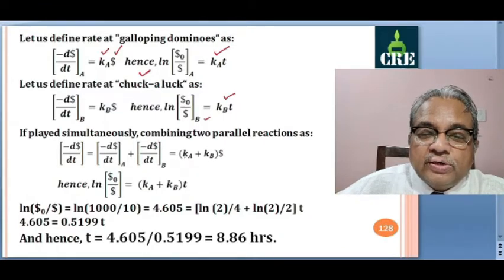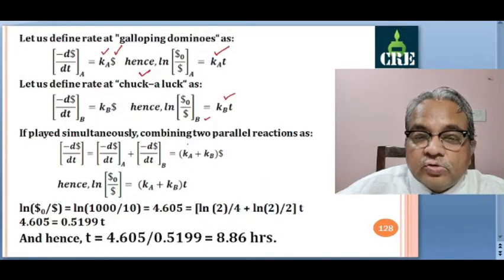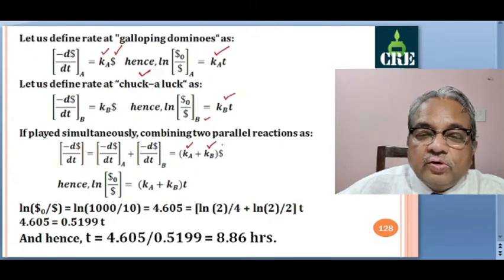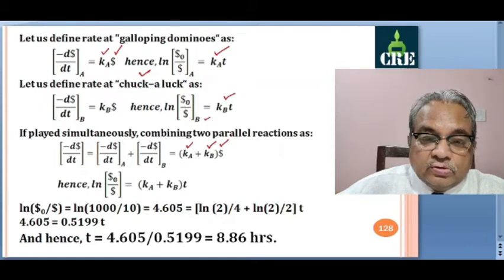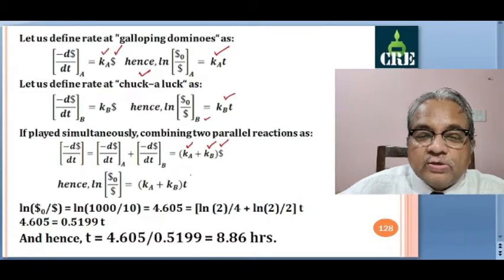So minus dCA by dt is equal to K Ca kind of thing. So this, if you add, this becomes Ka plus Kb, two constants added together, into dollar money in hand. So if you solve this, ln of dollar 0 by dollar, means nothing but Ca0 by Ca kind of thing, is equal to Ka plus Kb into t.